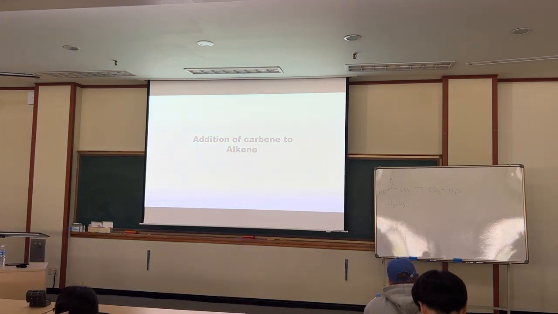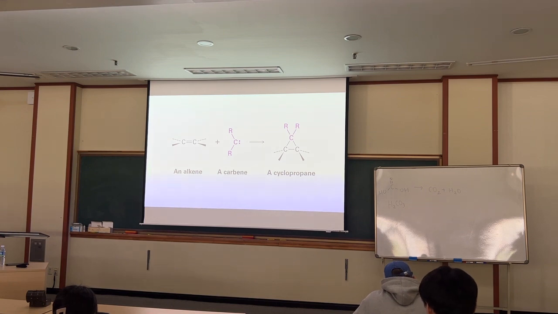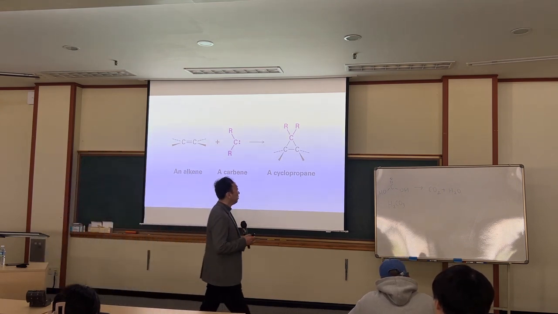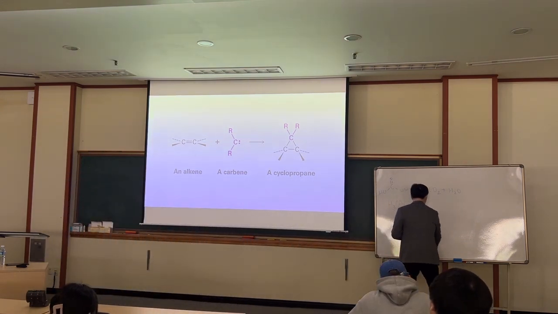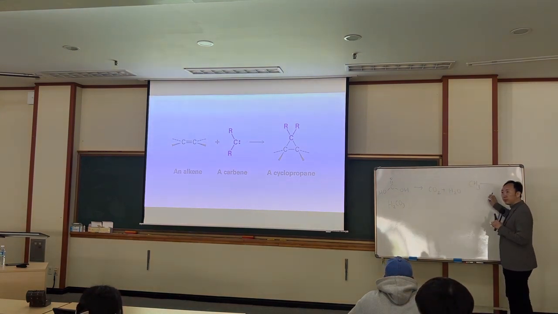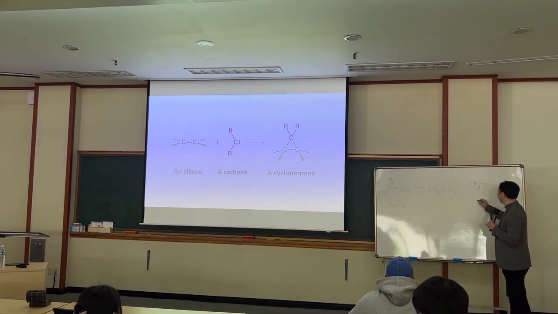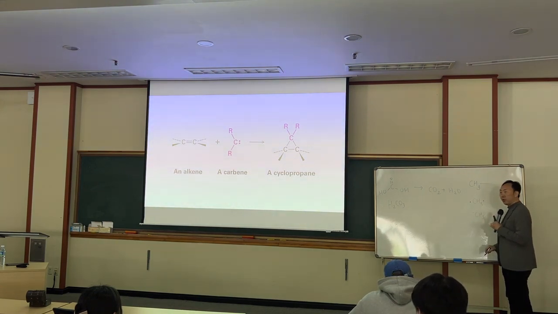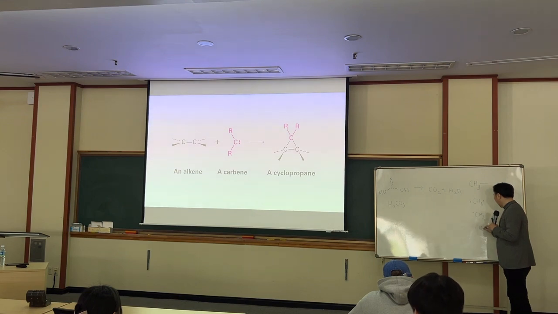Carbene. Carbene is a little funny reagent. It looks like this. We have seen so far alkyl groups. An alkyl group can be an alkyl radical, or alkyl anion, or alkyl cation.